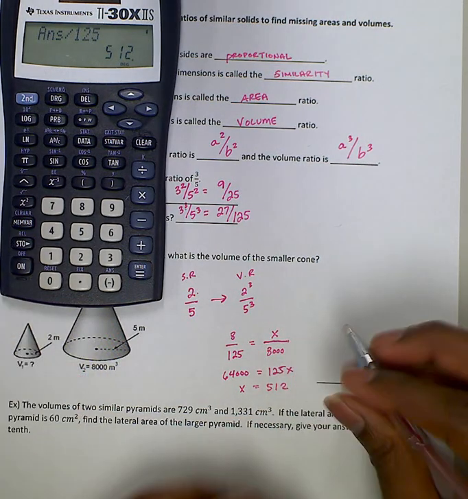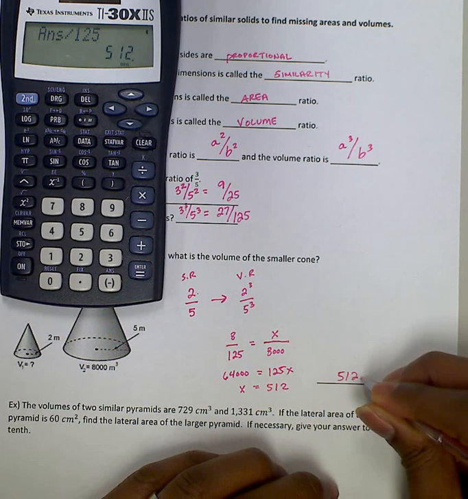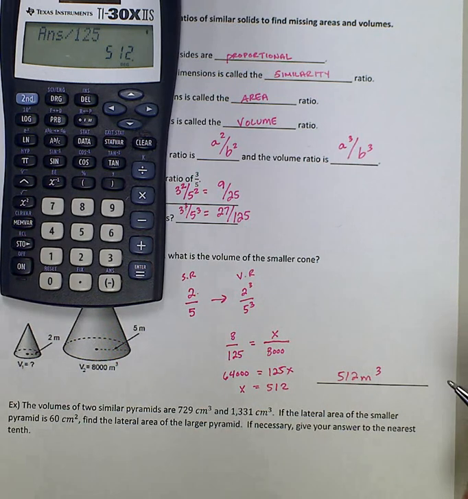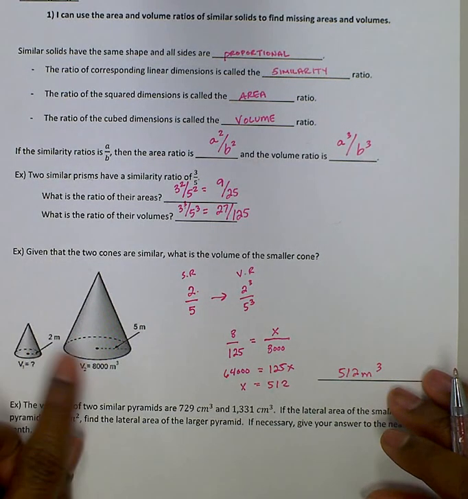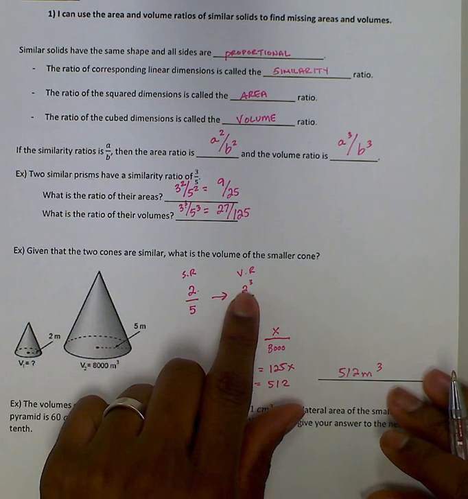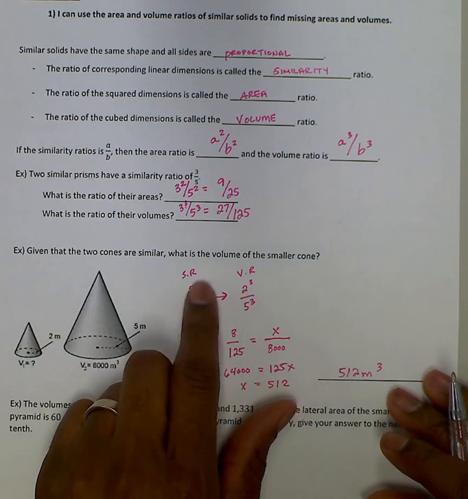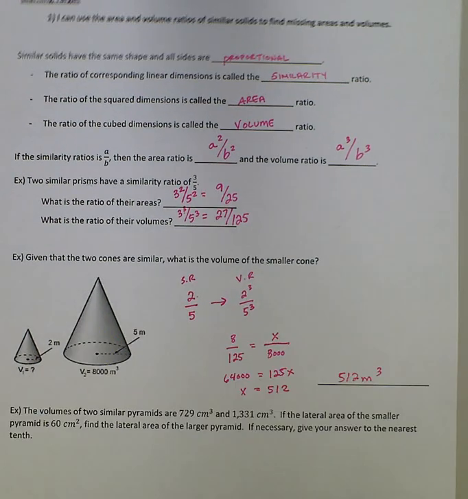Okay, so the volume of the smaller figure is 512 meters cubed. Okay, again, we went from the similarity ratio given the 2 corresponding measurements. Okay, change that to the volume ratio, because the volume ratio is 2 cubed over 5 cubed. Use the proportion and solve the proportion.